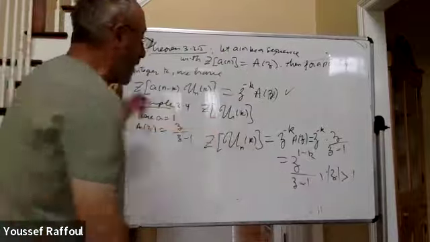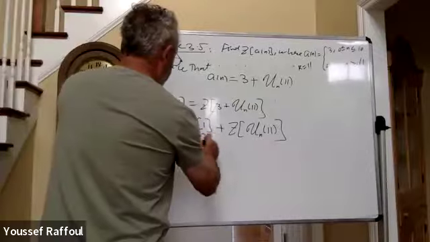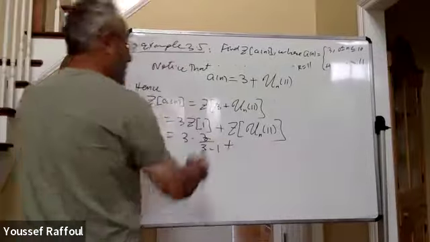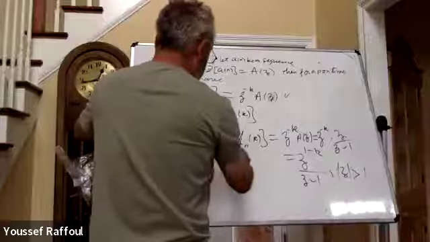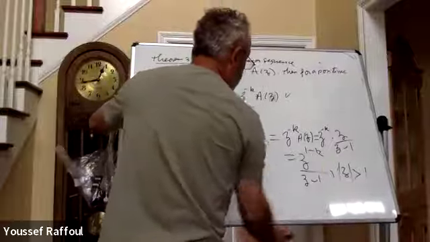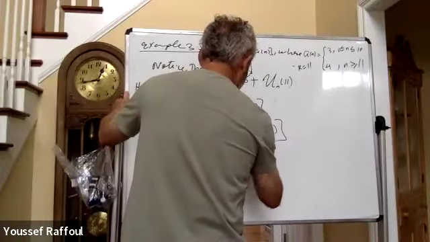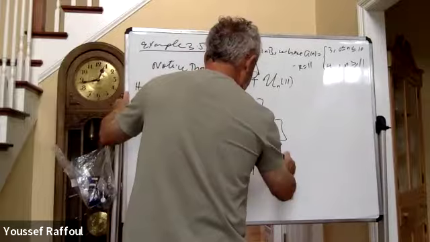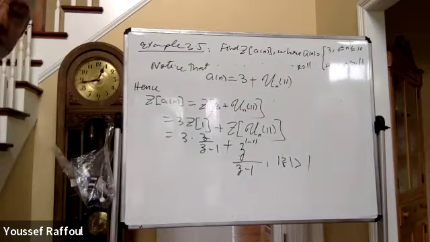So remember, k is 11. So what is Z of 1? Plus this one, ZUNK, is Z to the 1 minus K. So that is Z to the 1 minus 11 over Z minus 1. There we go. Okay? So that's how you find it.